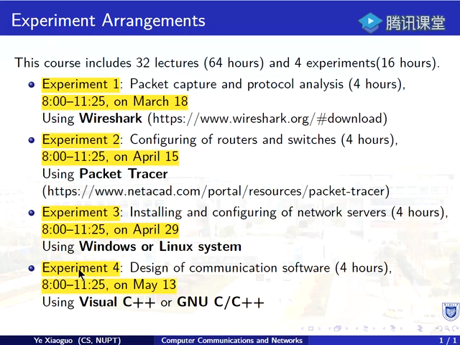In experiment 4, design of communication software, we will design some communication programs to make two machines communicate with each other, and code some C programs with Visual C++ or GNU C or C++ on Linux or on the Cygwin platform. So we have 4 experiments.